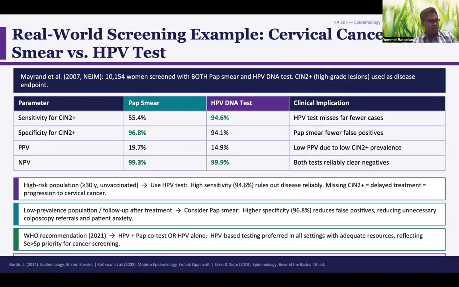So, what was the recommendation based on this study? So, for high-risk women age 30 and above and for resource adequate settings, the World Health Organization now recommends HPV-based testing as a primary screening tool.